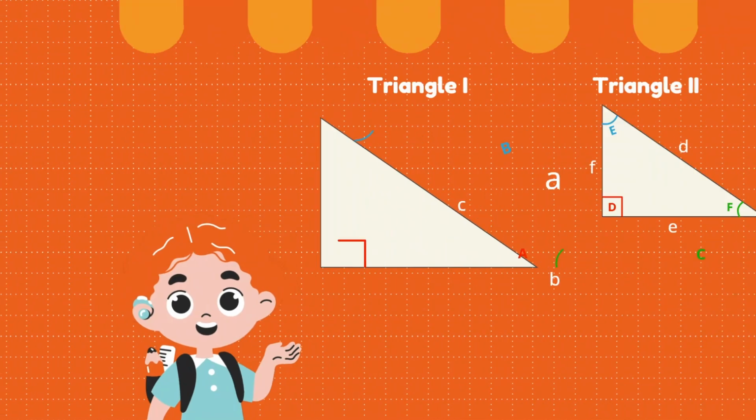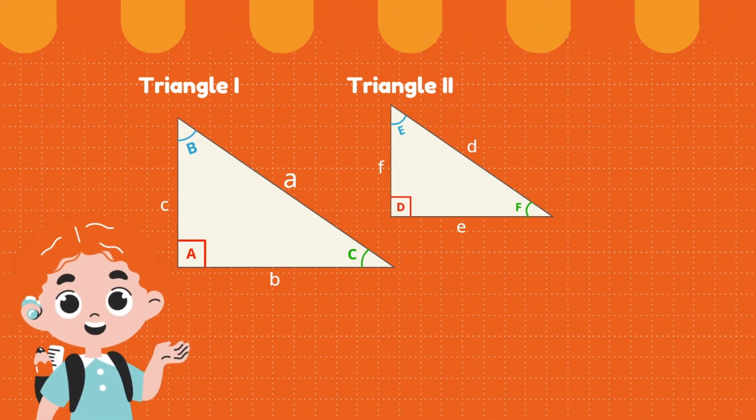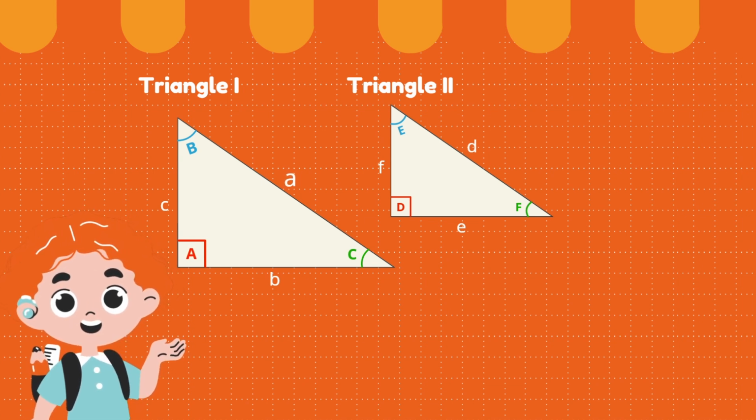And now, let's move on to the second condition. Besides having equal corresponding angles, the corresponding sides must also be proportional.